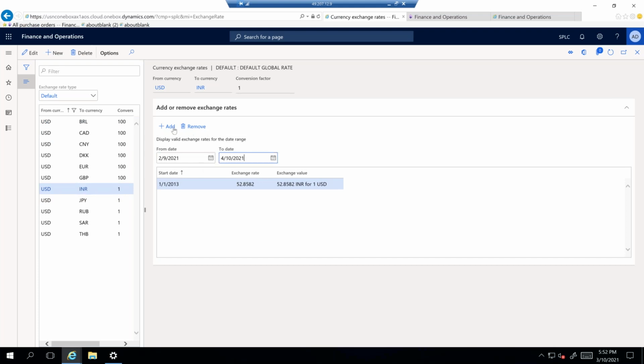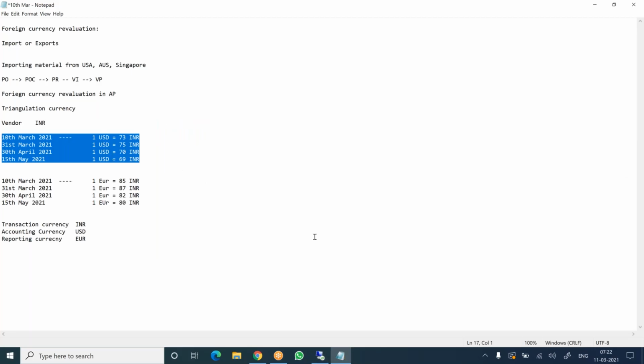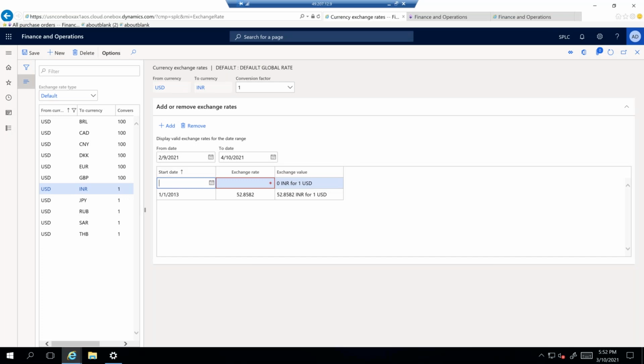What I'm doing now is entering the exchange rate as per our setup. Today it is, suppose, 10th March, so I will do it on 9th March 2021, 030921.